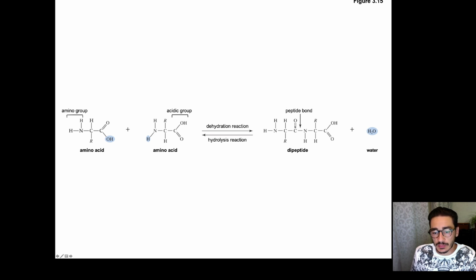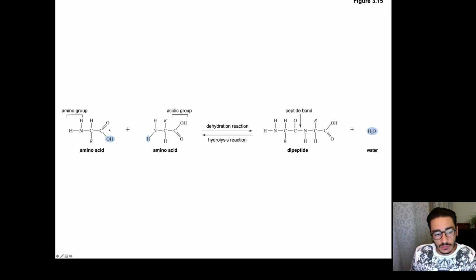This is a peptide bond between the carbon of the first amino acid and the nitrogen of the second amino acid. Please remember this: the bond between two amino acids is called a peptide bond.